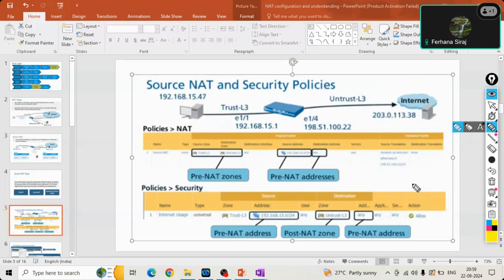So for netting, the source address is what we defined. This is pre-net, not post-net. We will understand everything pre-net. Netting is not evaluated at that point; they are just going to evaluate after this.